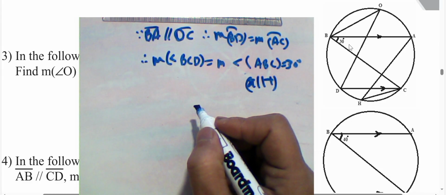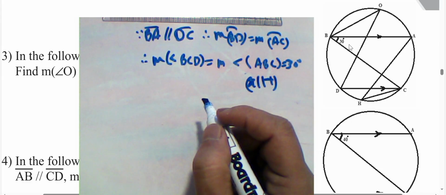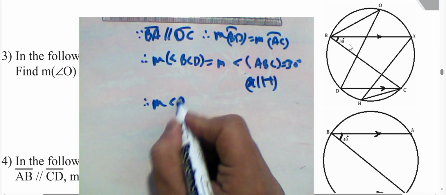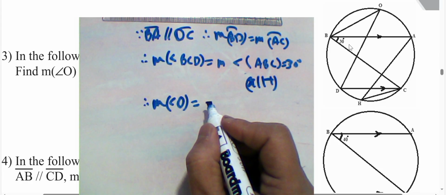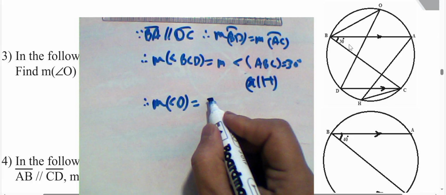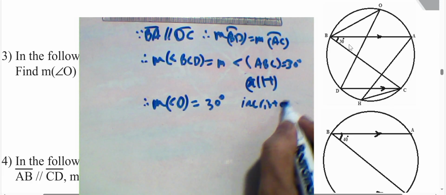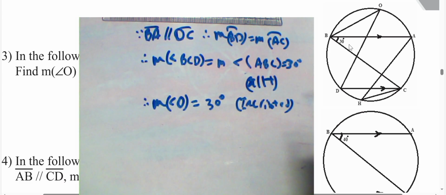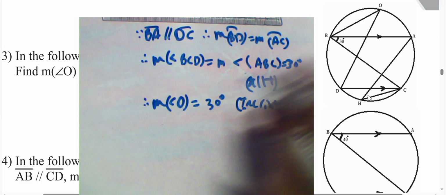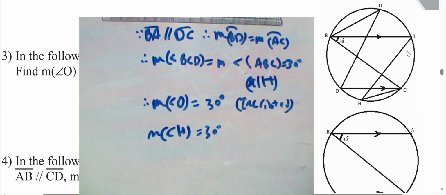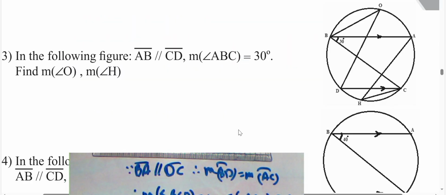Each one of them is 30 degrees. And the measure of angle O will also be equal, this angle equals 30 degrees, an inscribed angle. We have two inscribed angles here. Understood? And the measure of angle H will also be equal to 30 degrees. It's an inscribed angle in the same arc AC. Next question.